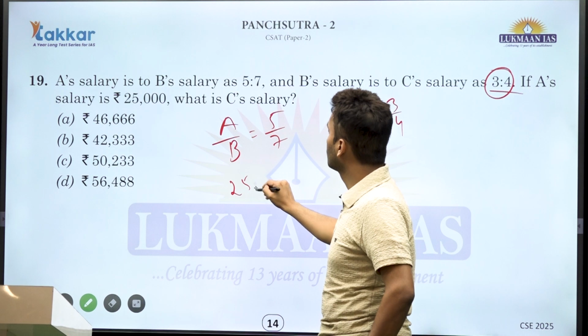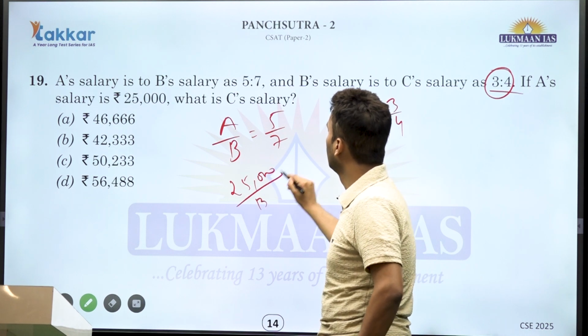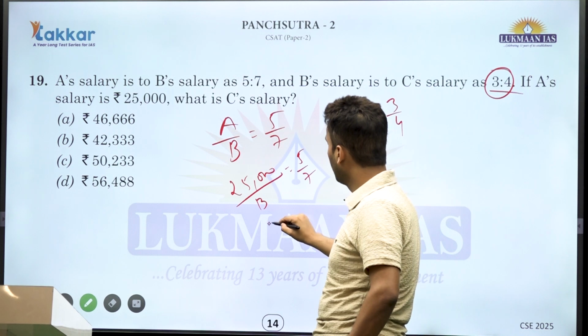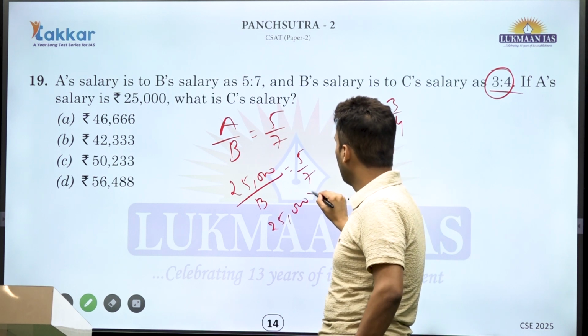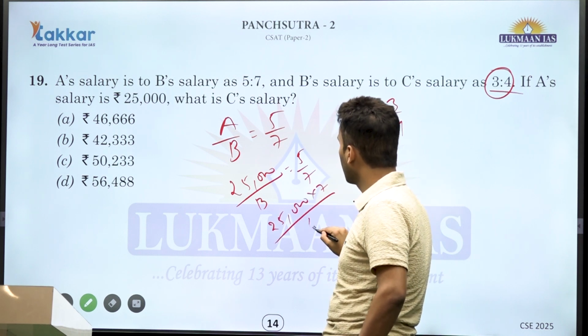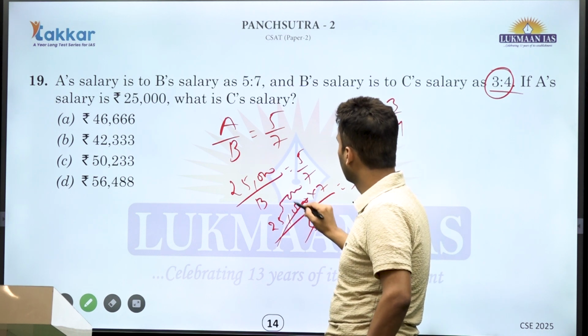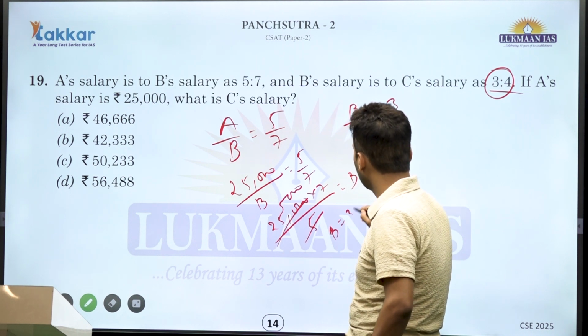So 25,000 by B is 5 by 7, just cross multiply. 25,000 into 7 by 5 is B. This is 5,000 into 7, so B's salary becomes 35,000.